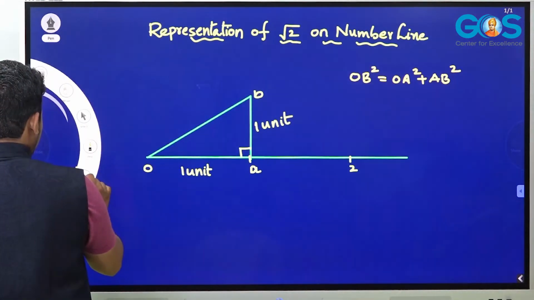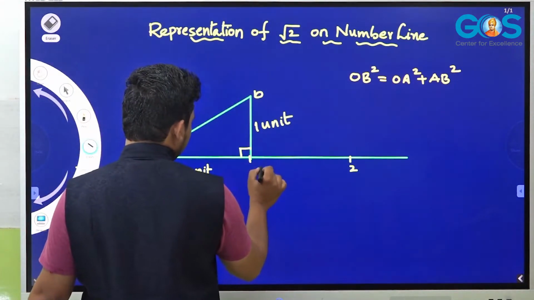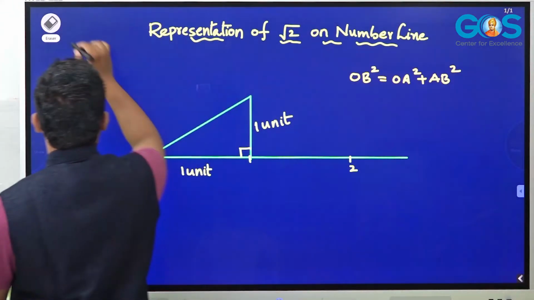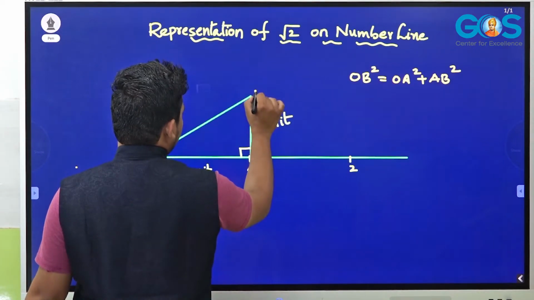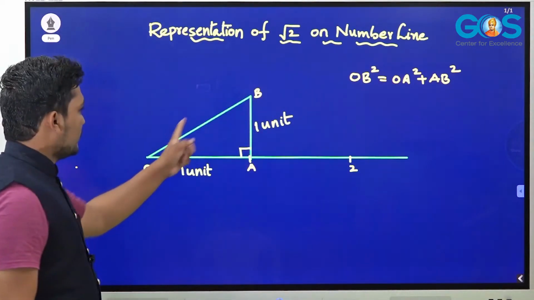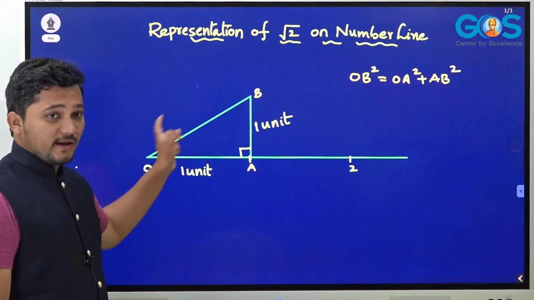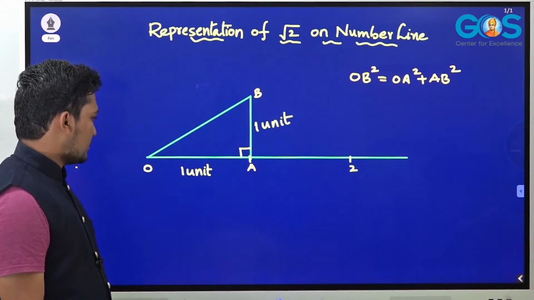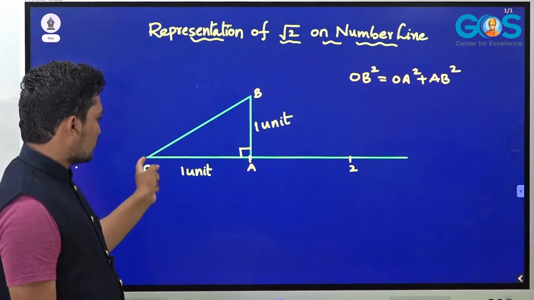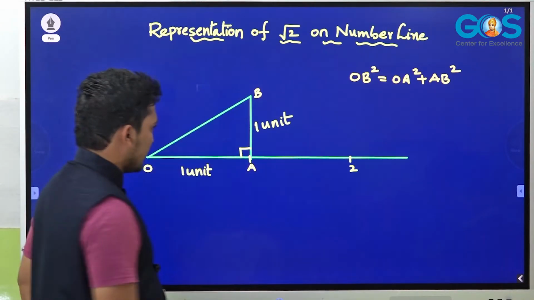Let us take capital letters here, OAB. Square of the hypotenuse is equal to the sum of the squares of the other two sides. OB square is equal to OA square plus AB square.